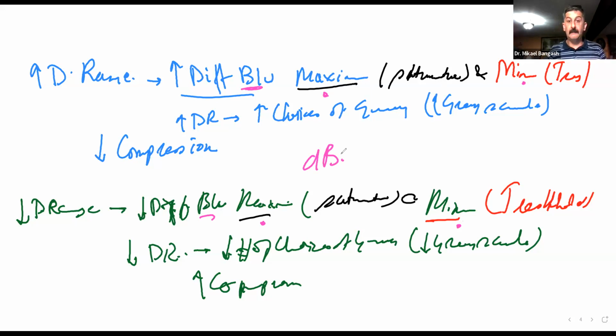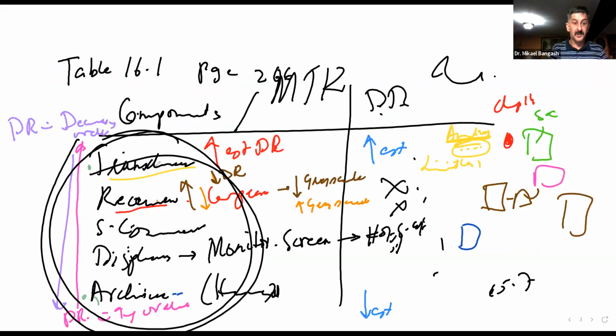But we may say we started with a million shades of gray and ended with 100 shades of gray. That will be greater compression compared to when we still started with a million shades of gray, but end up with 100,000 shades of gray, because that's going to be a lesser compression, lesser decibels.